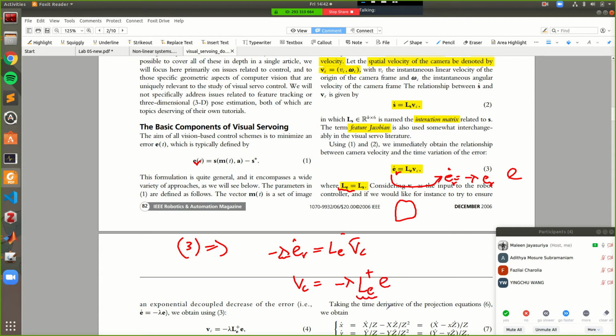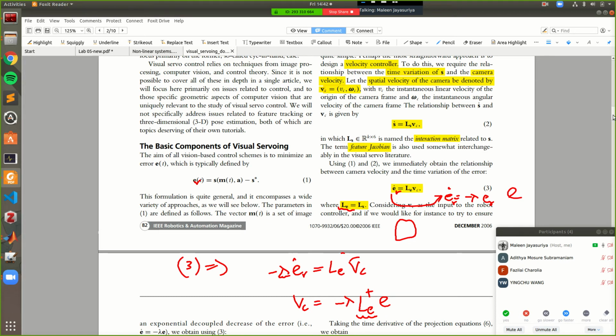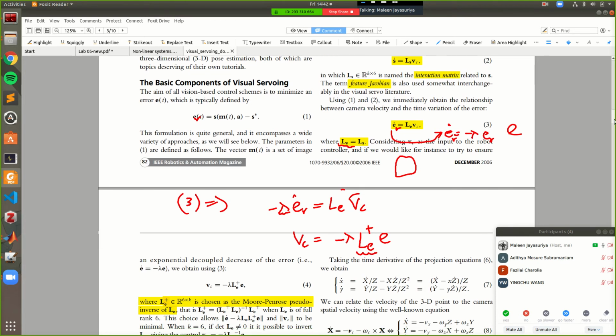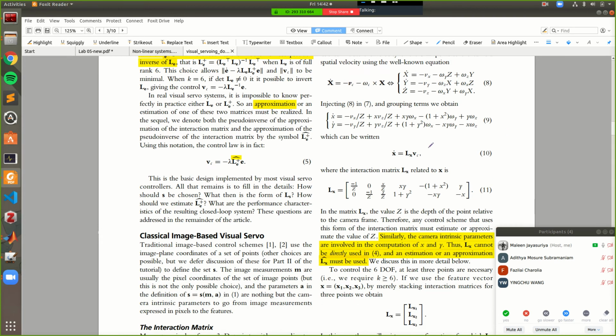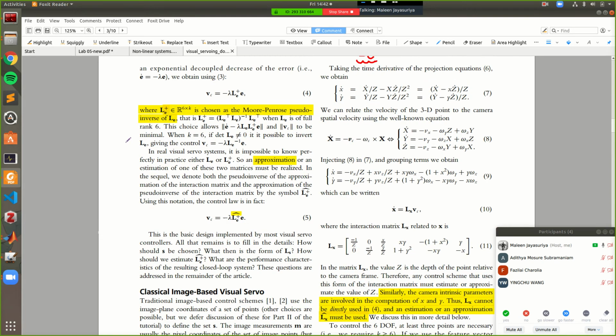So we've made v_c the subject in this equation by finding the inverse of L_e. The inverse of L_e is not very easy to find. It's called a pseudo inverse, and to find the pseudo inverse, you have to use this function.